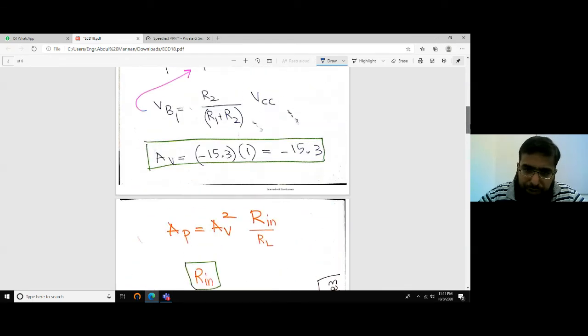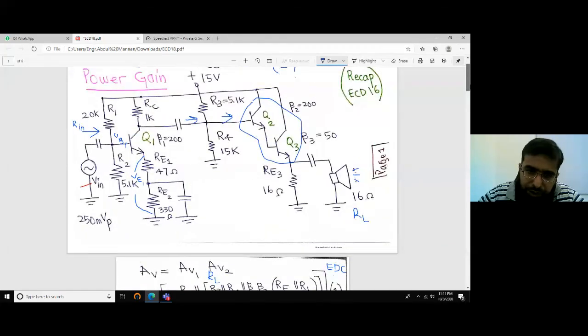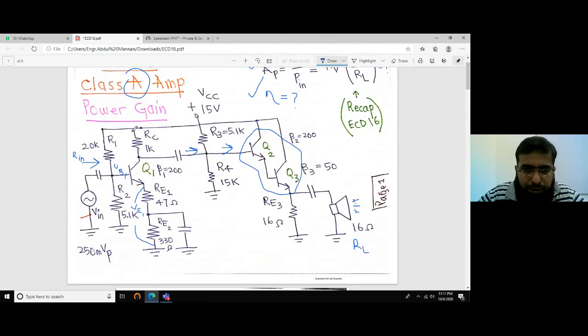If we look at the circuit, there are at least 3 ICs: this IC, this IC, and this IC. So VCC is supplying 2 more currents, this IP and this IP. So actually VCC is supplying 2 IPs and 3 ICs.